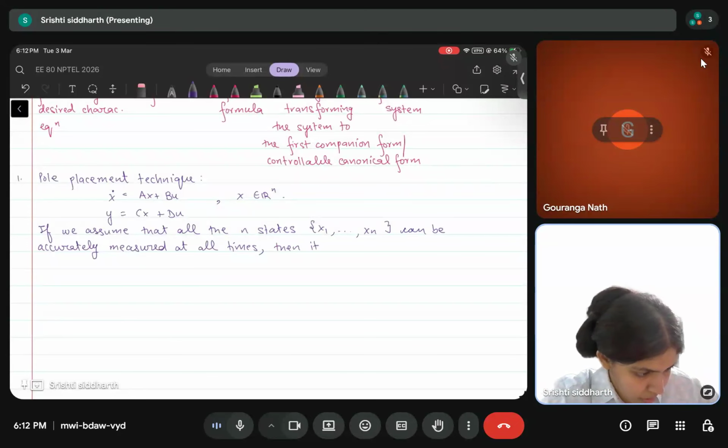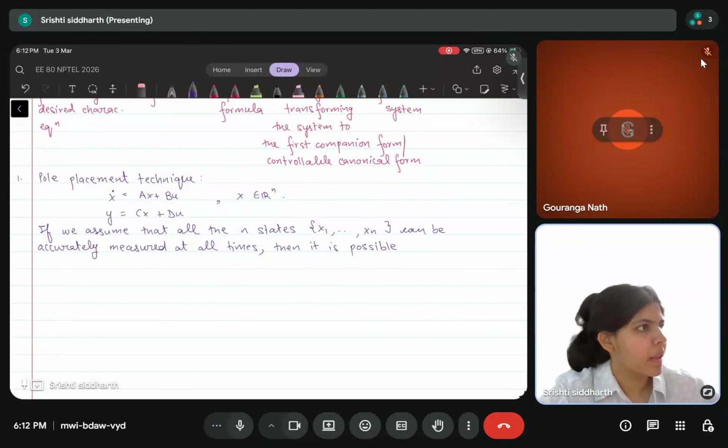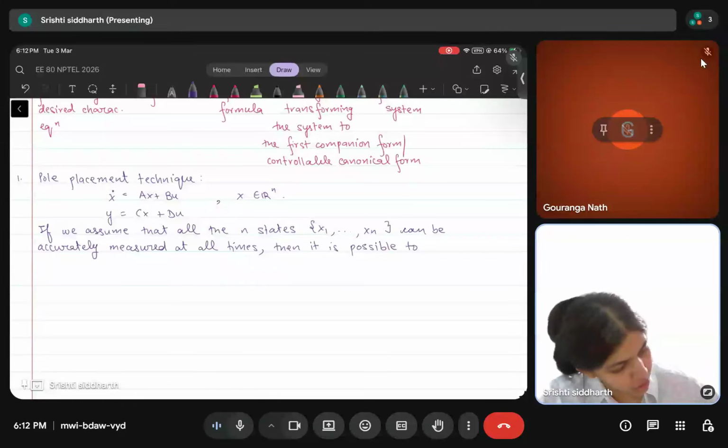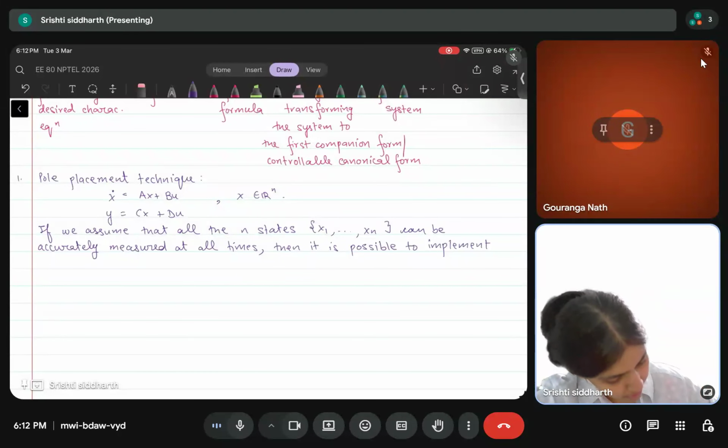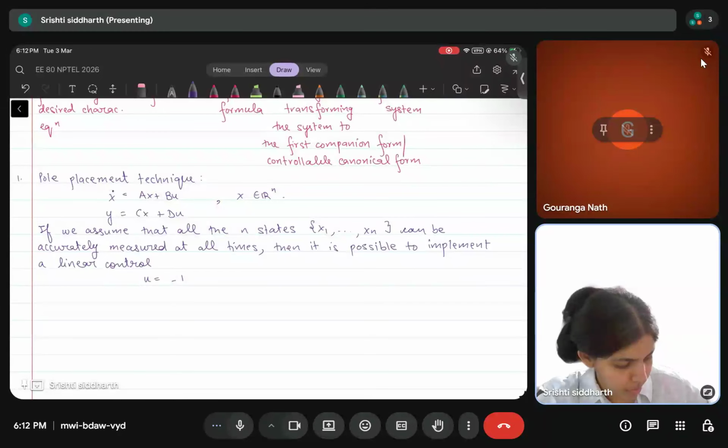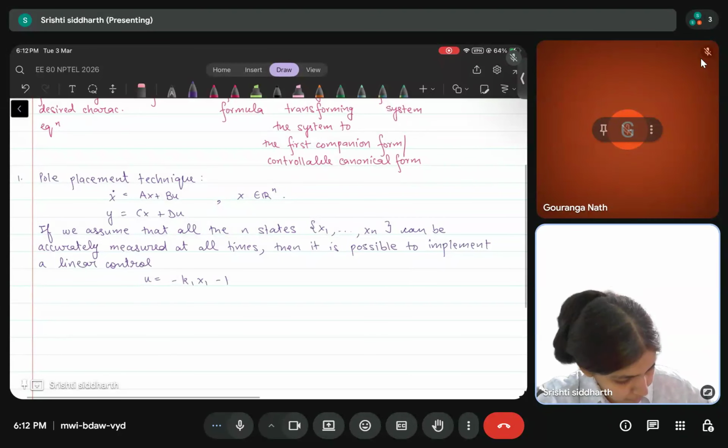it is possible to implement a linear control, linear in the states, of the form u equals minus k1 x1 till minus kn xn.